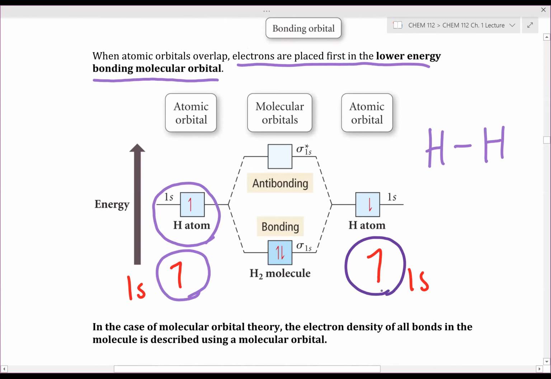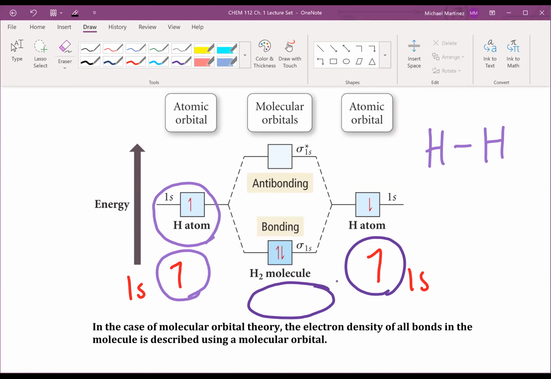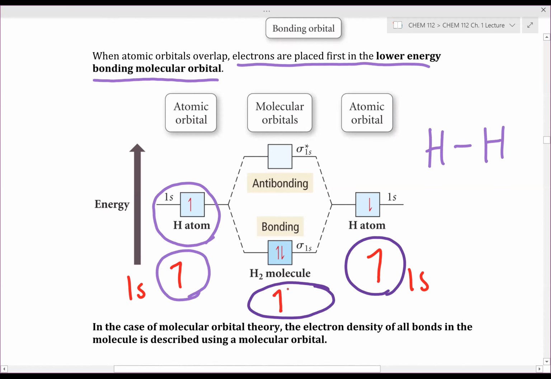When we overlap these orbitals, we generate a bonding molecular orbital. And just like all the other orbitals that we have discussed in this class, this bonding molecular orbital can hold two electrons. Each orbital can hold two unique electrons.